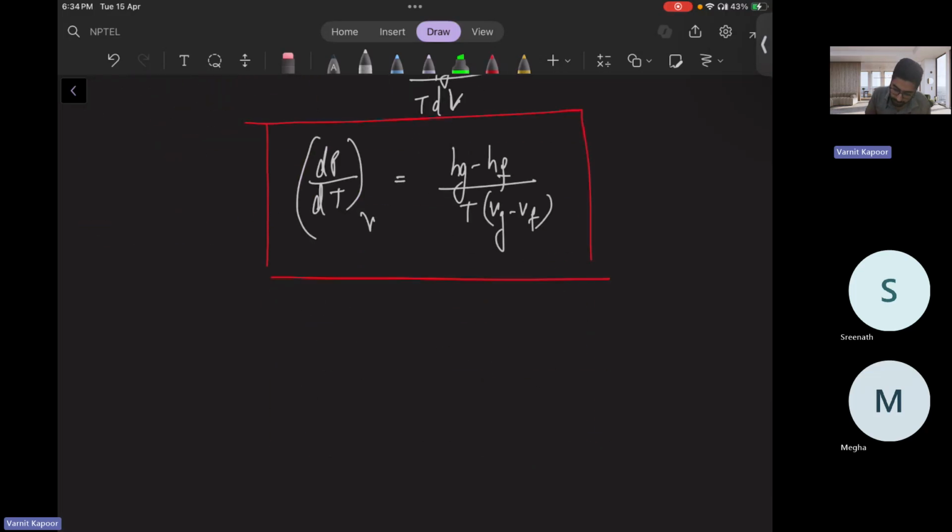Also, since the value of vg is much greater than vf, the gas has a much higher value than the saturated liquid, so you can ignore vf. So vg minus vf can be written as vg only.